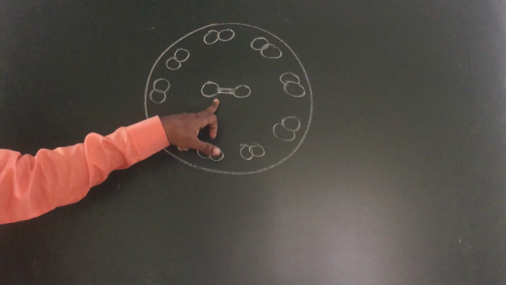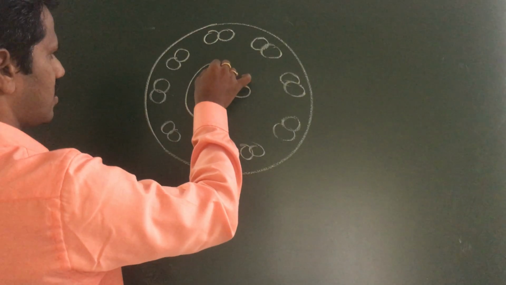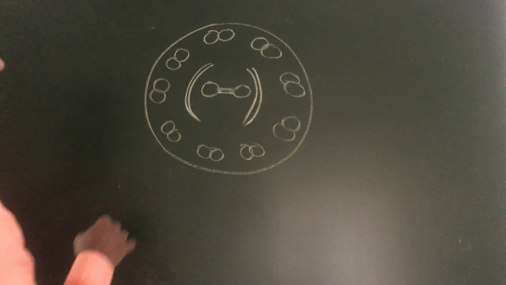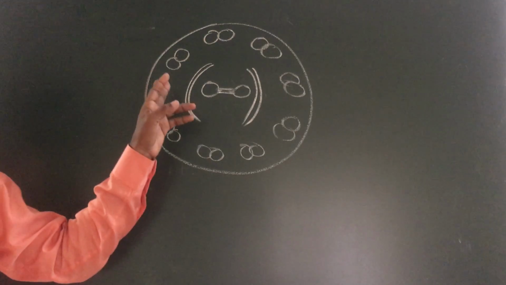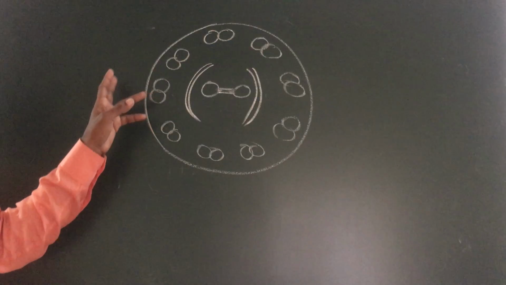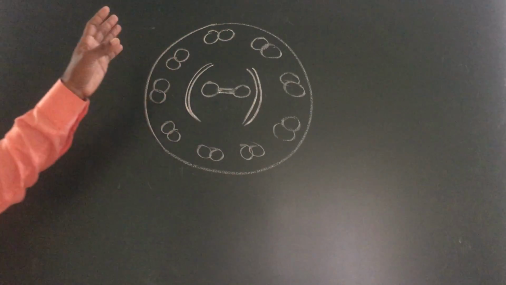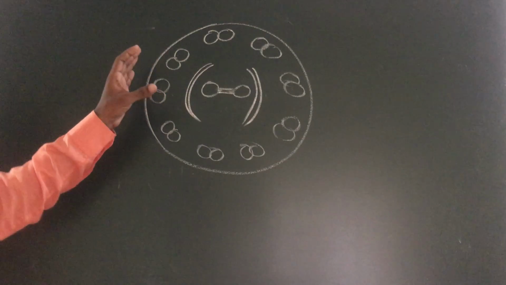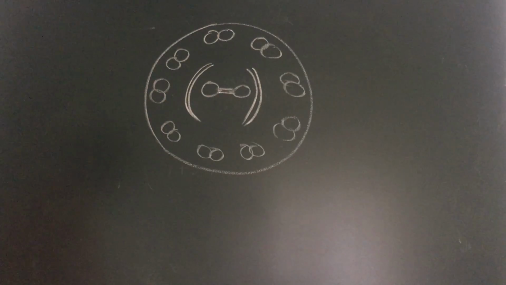That is the reason we call it a 9+2 array. Here the central microtubules are 2, whereas 9 pairs are in the periphery. This is what we call the 9+2 array in the arrangement of the cilia and flagella.